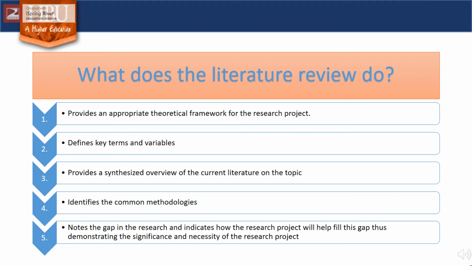You're going to identify the common methodologies that have been used to research the topic. And maybe most importantly, you're going to need to be able to note the gaps in the literature and indicate how your project will help fill this gap. This is going to demonstrate why your topic is significant and necessary.